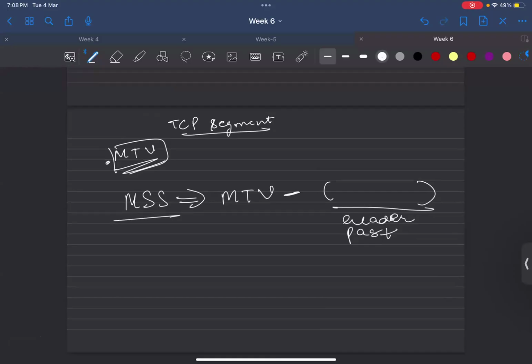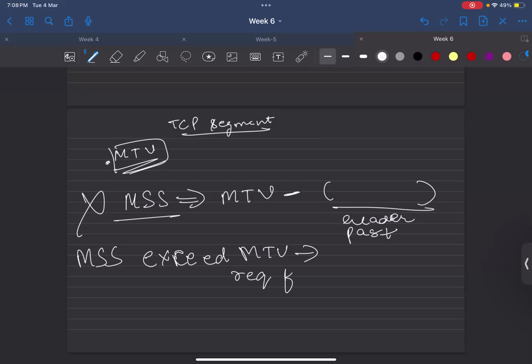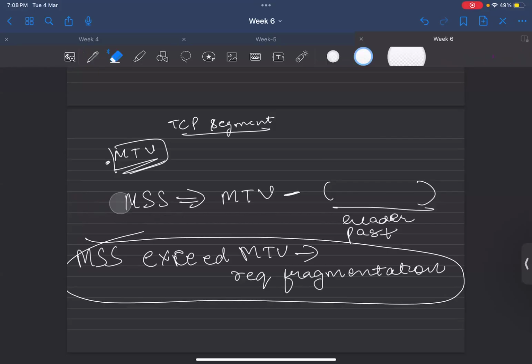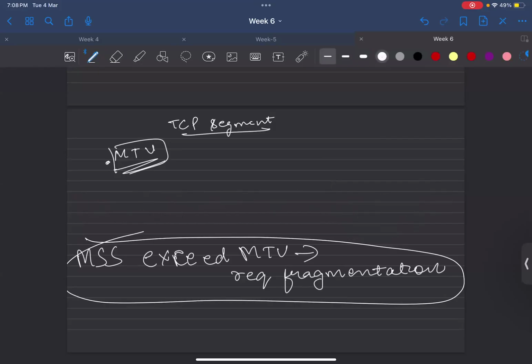Okay, leave this part. Maximum segment size means how much data has to be transmitted. And if the maximum segment size is very large and exceeds MTU, the maximum transmission unit, it requires fragmentation. Though I've used many technical words, any clarity with this part? Leave this, I'll come to it afterwards.